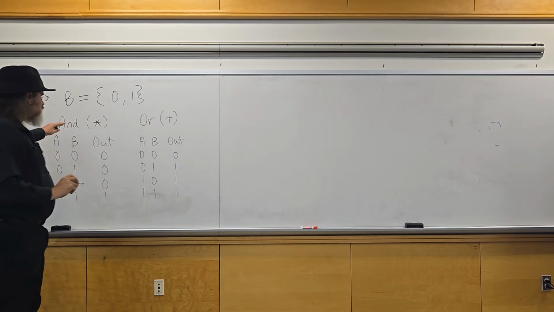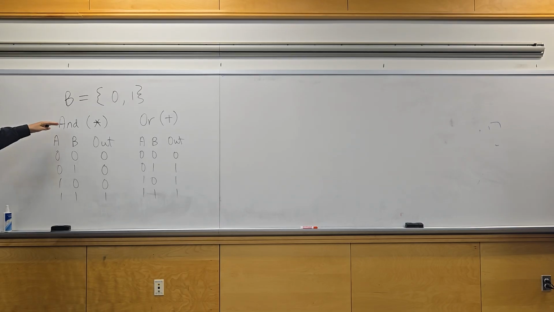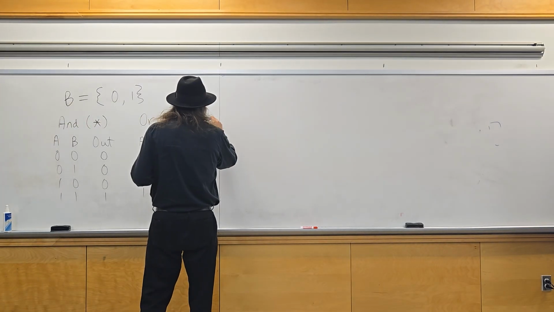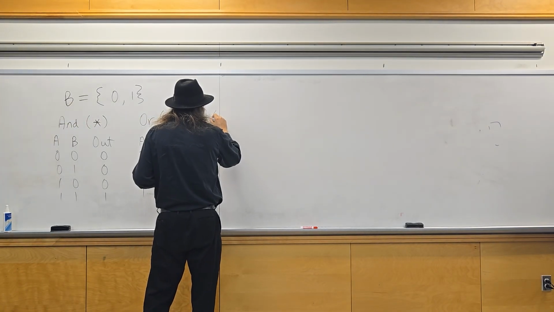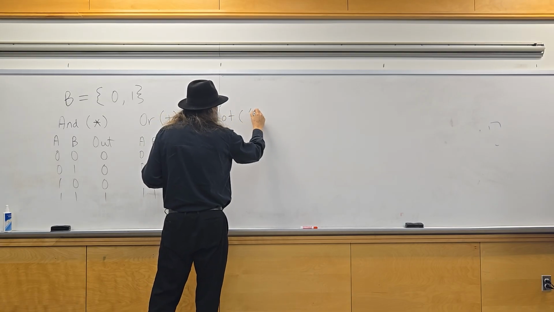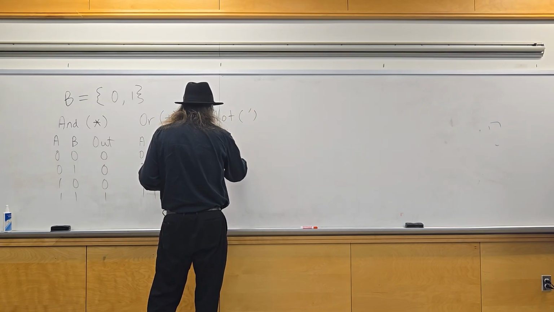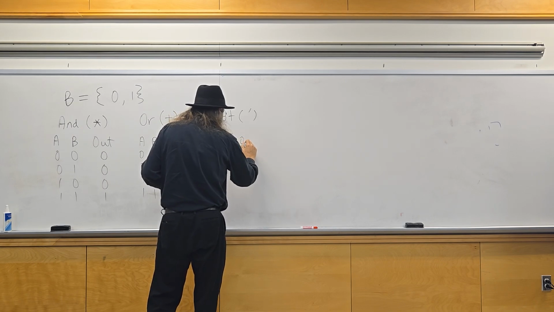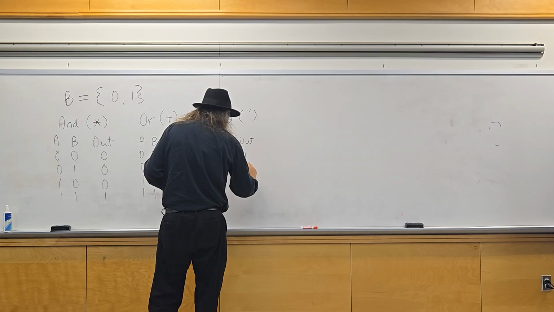These are binary operators. They take two inputs. They take in two values and output one value. The unary operator is the NOT, which is the apostrophe, and it's A: 0, 1, out: 1, 0.